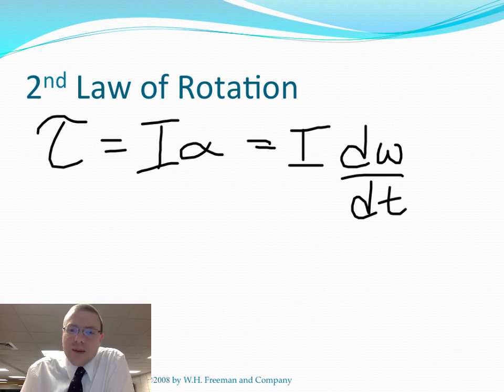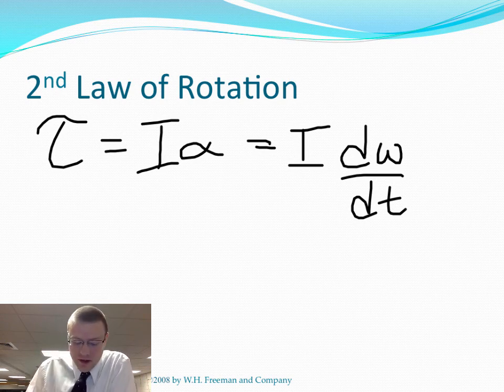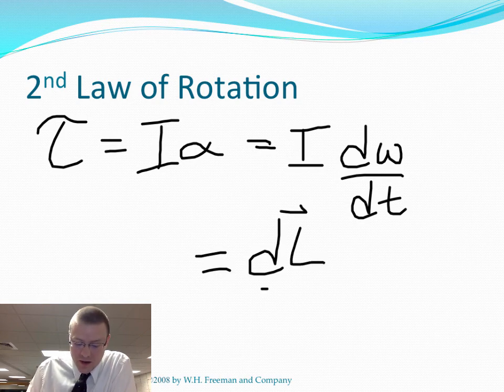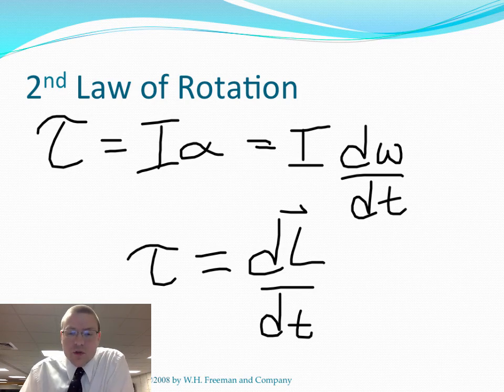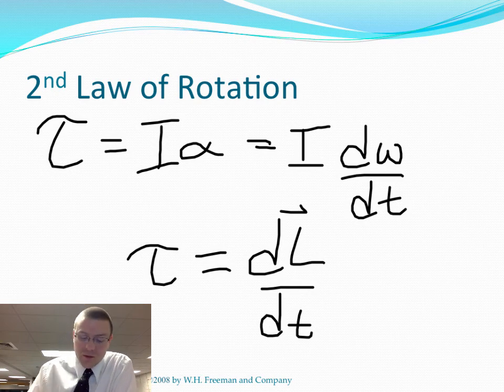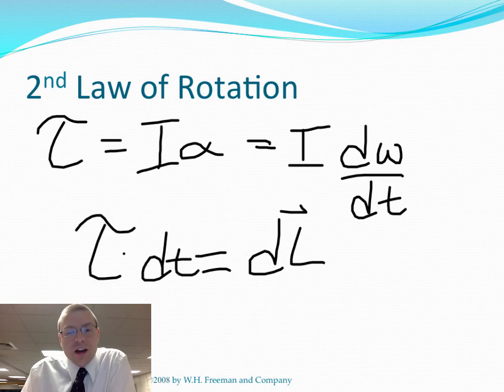So I times omega is my angular momentum, and the change in my angular momentum over time is a torque. A torque tries to change our angular momentum with time, just like a force tries to change our linear momentum with time. And if I wanted to analyze this even further and look for that change in momentum, torque times the change in time is also equal to the change in momentum.